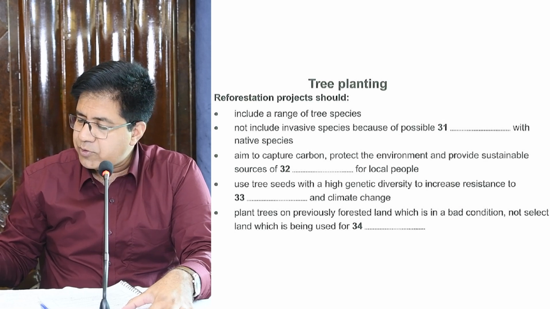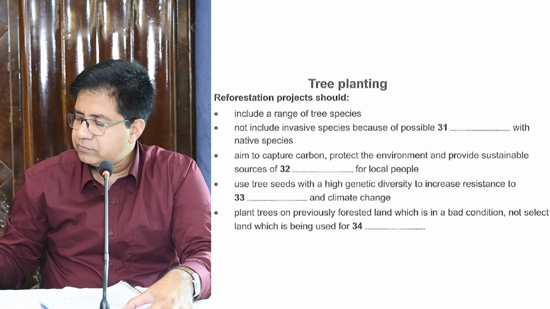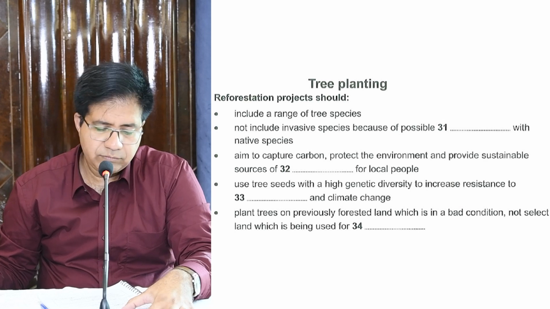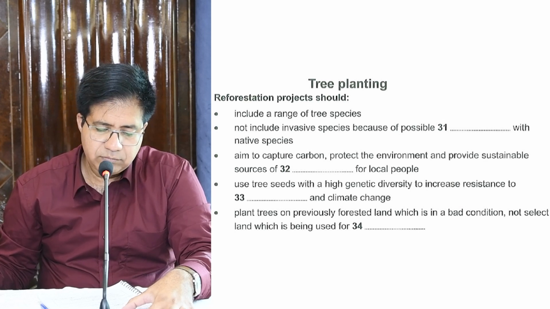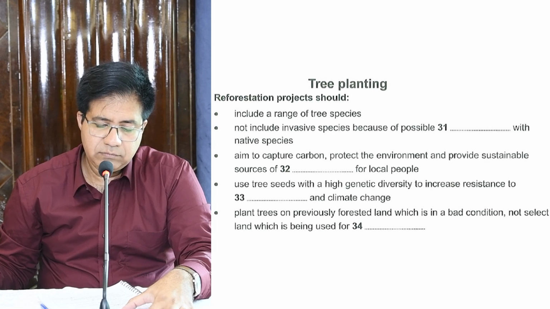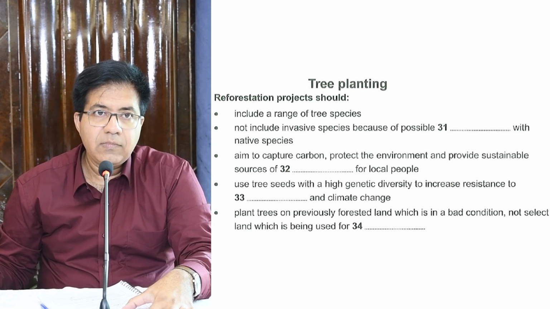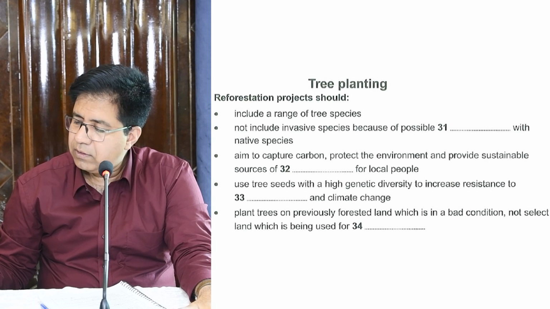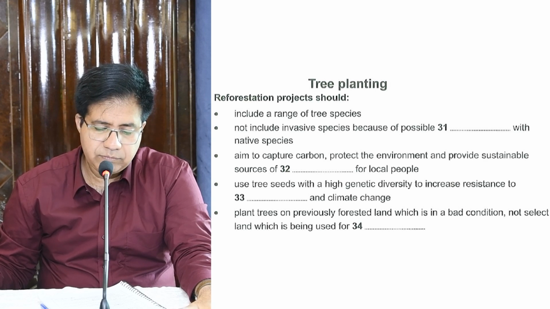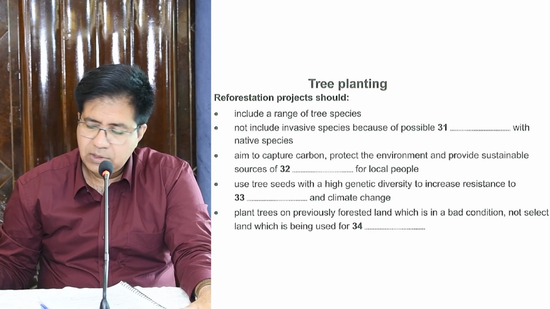Seeds with appropriate levels of genetic diversity, the amount of genetic variation found within a species, essential for their survival. Using seeds with low genetic diversity generally lowers the resilience of restored forests, which can make them vulnerable to disease.